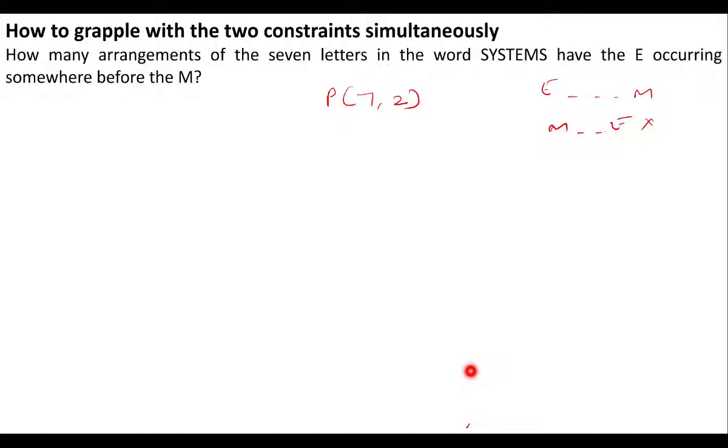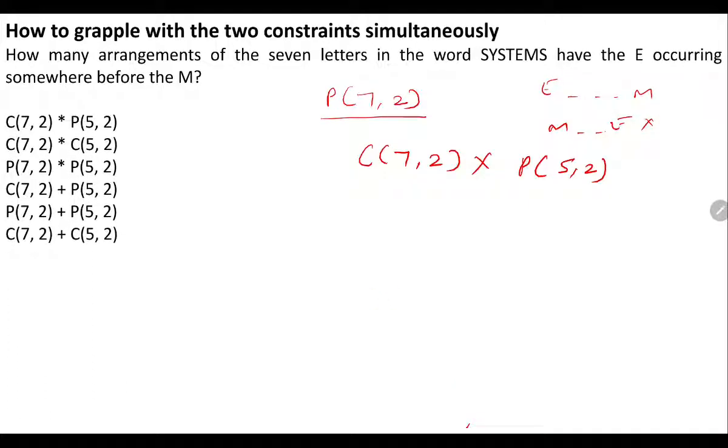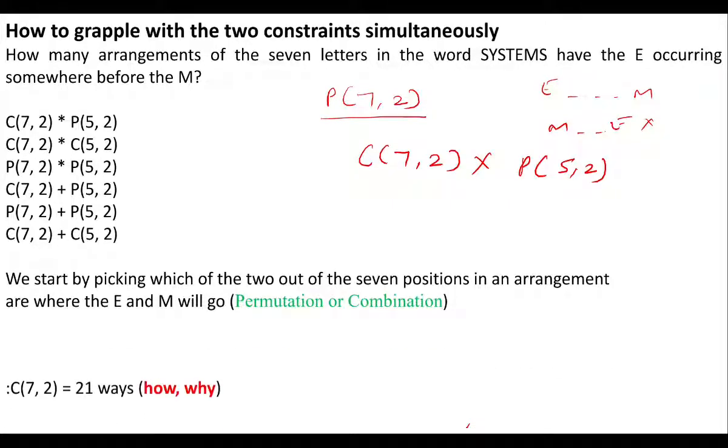Both are not allowed, EM and ME, which means that instead of P(7,2), I should consider C(7,2). Now 3 S need to be filled in the end. So 2 more letters are there, but there the order matters. So multiplied by P(5,2). So interesting question, interesting approach.